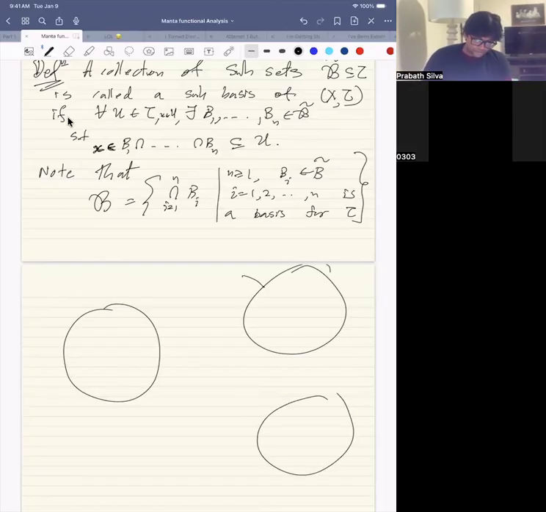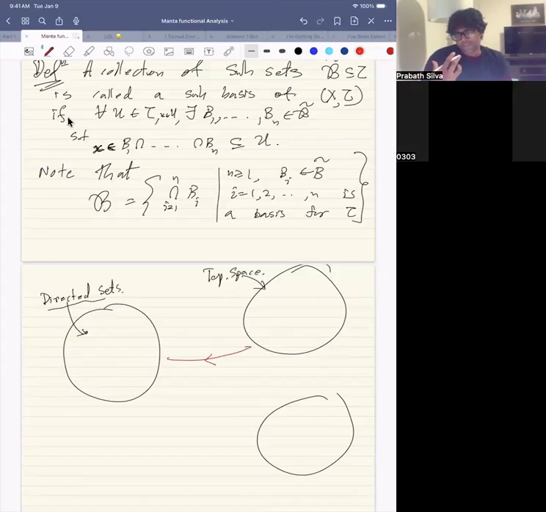So the topological space, as you know it, lives in here. Okay, and directed sets live in here. Okay, and we kind of know how to go from here to here.